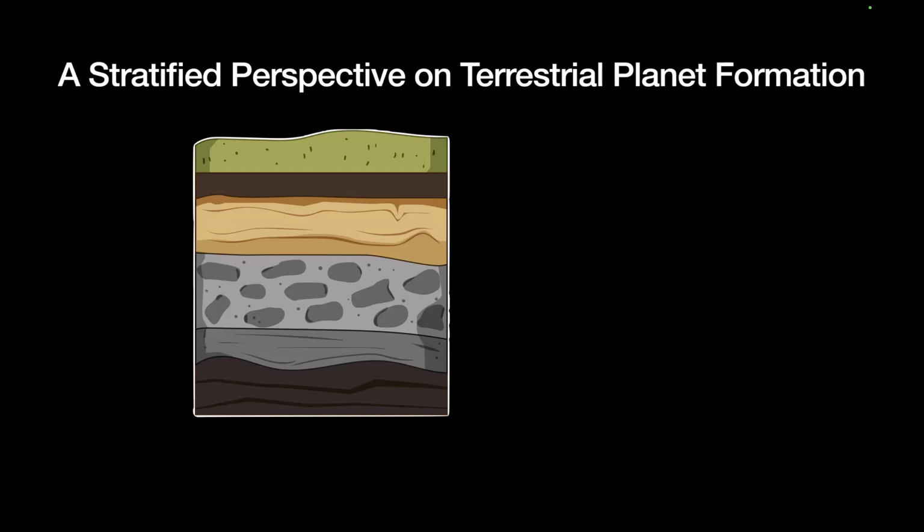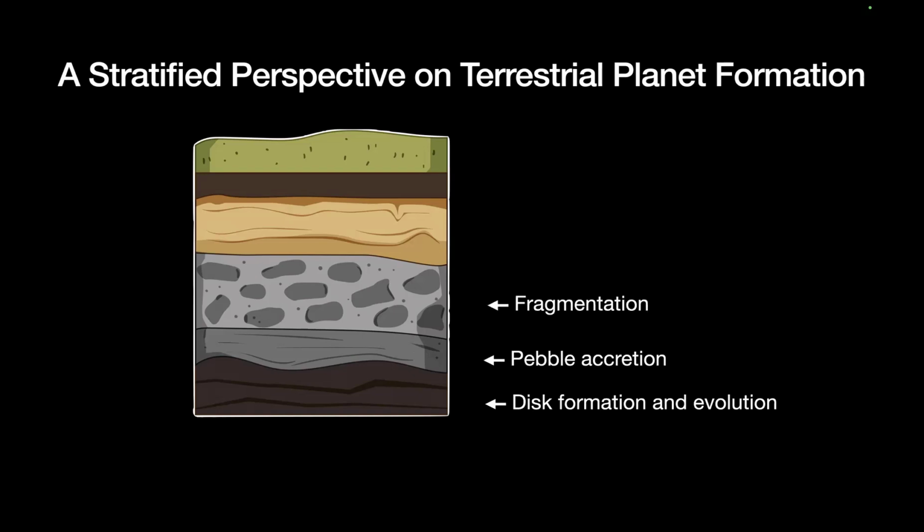To model the formation of these planets, we took a stratified perspective. It started with adopting first a disk evolution model. Once we had a disk evolution model, we also implemented a pebble accretion model. We included the effects of fragmentation.